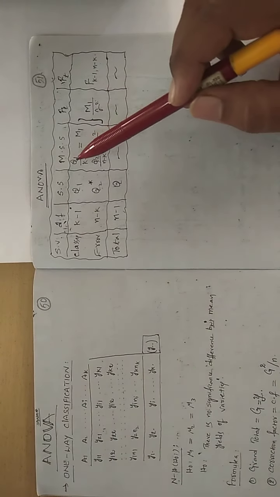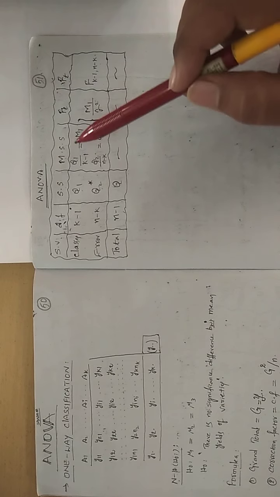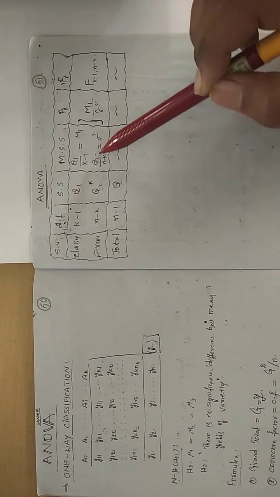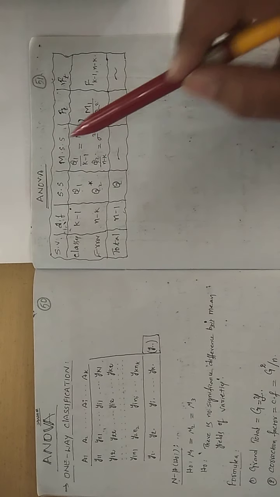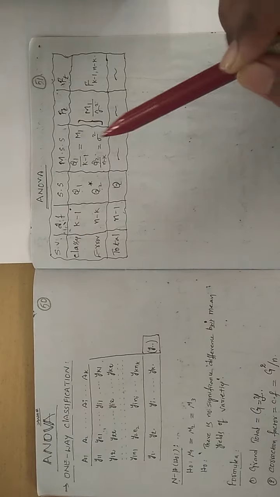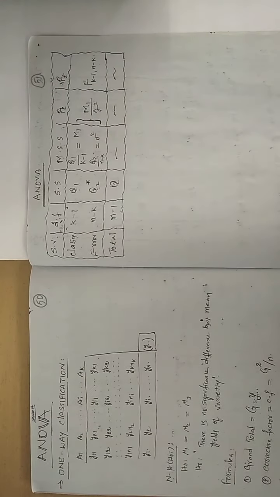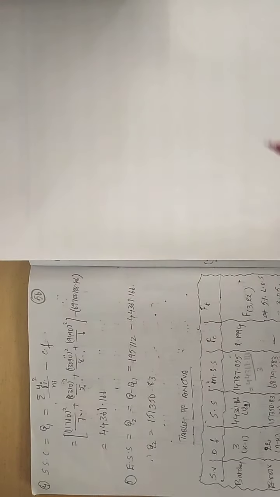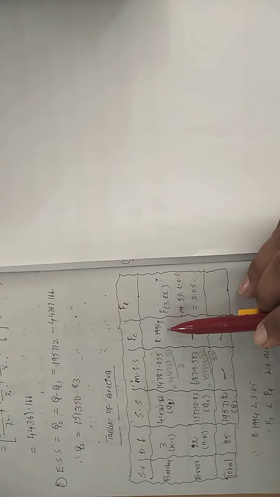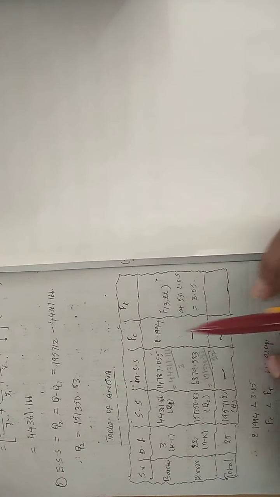Okay. How to get Q1? That is the first value, M1, Q1 by K minus 1. Same way the second value, Q2 for MSS, Q2 by this value N minus K. So that's why theory is very, very important. So directly if you come here, how do you get 2.1994?